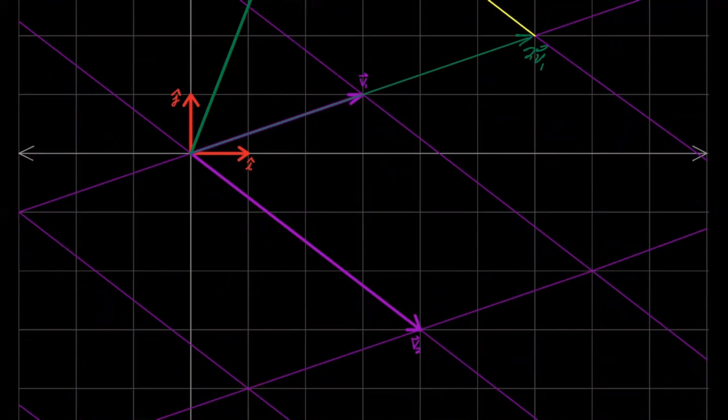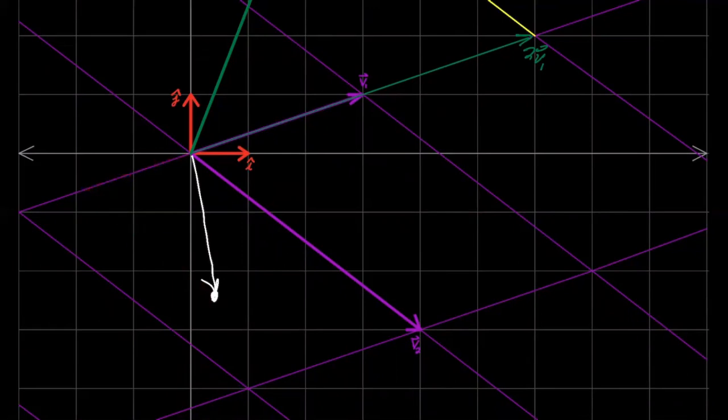Like if I wanted to get, let me just draw this on here, if I wanted to get to this point right here, the tip of this vector, I could say, well, let me go along the v1, v2 direction. So I want to go backwards along v1 until I'm kind of parallel to v2, right?